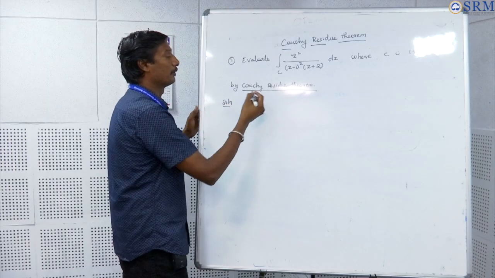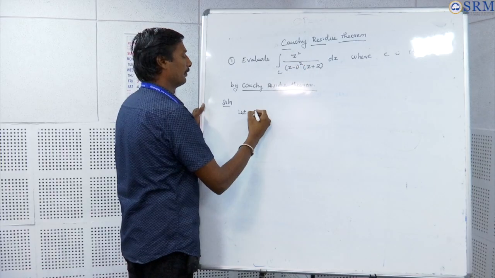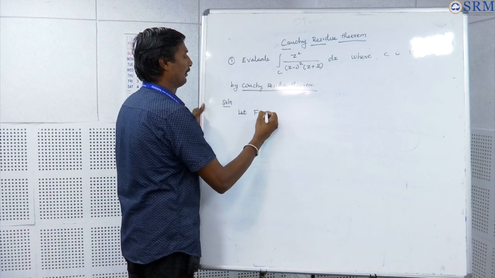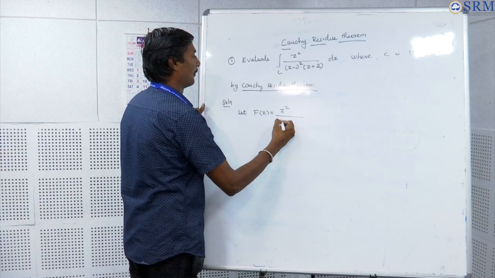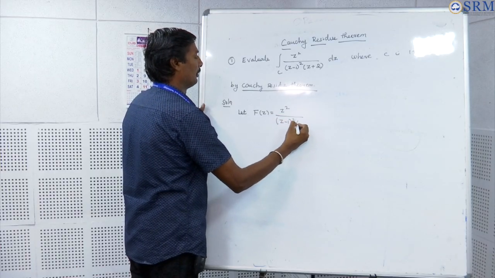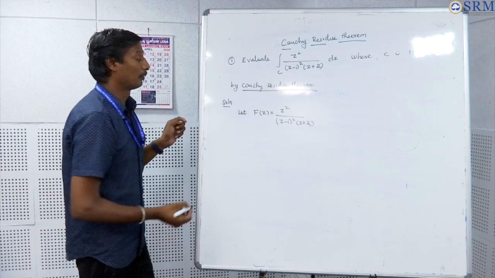First, let's assume the inside term is capital F of z equal to z square upon (z minus 1) whole square into (z plus 2). Step 1, to find poles.